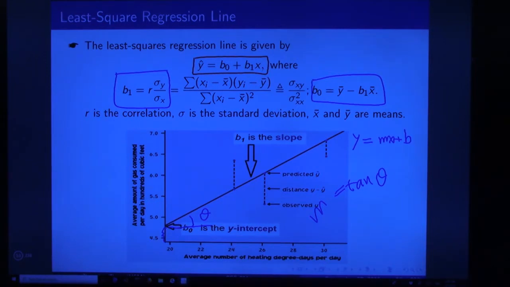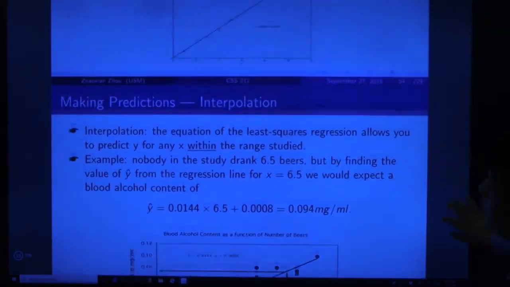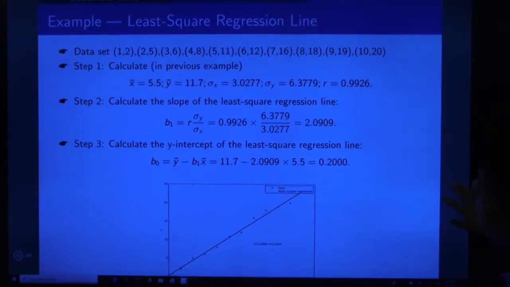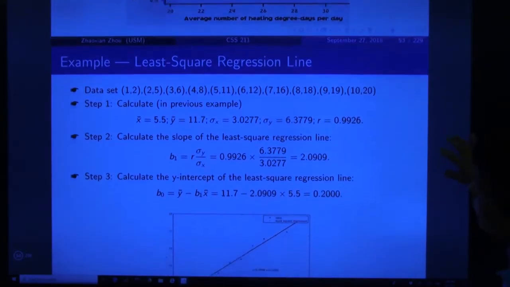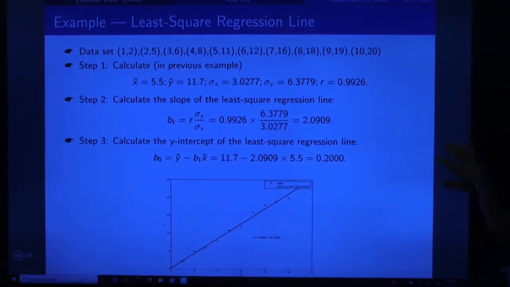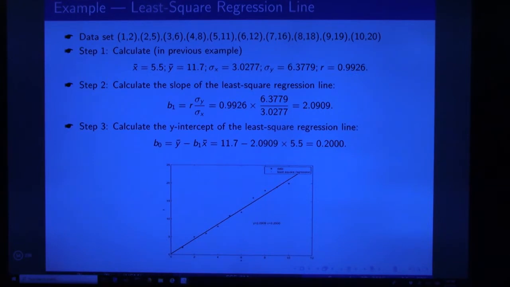Next slide, we are going to use an example to show how to calculate the least squares regression line step by step. This example we already discussed, when we used it to calculate the correlation coefficient.